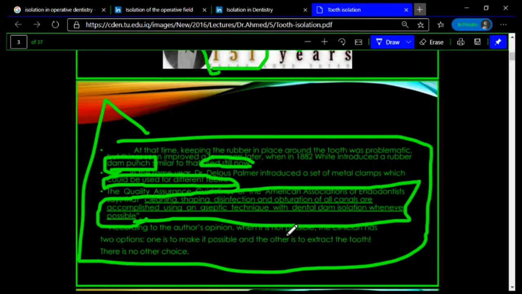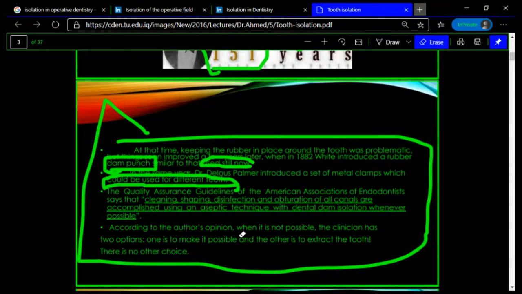According to the author's opinion, when it's not possible, the clinician has two options.